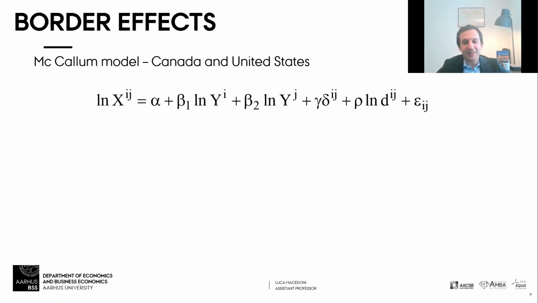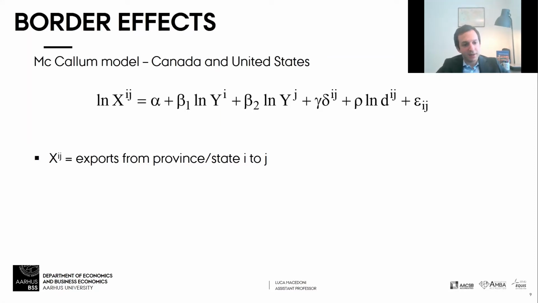Well, he had the following estimating equation, where Xij is the exports from a province or a state i to another province or a state j. We know what are the states in the United States, California, Oregon, and so on. A province in Canada is the equivalent to a state in the US. So we have Quebec, Ontario, and so on.